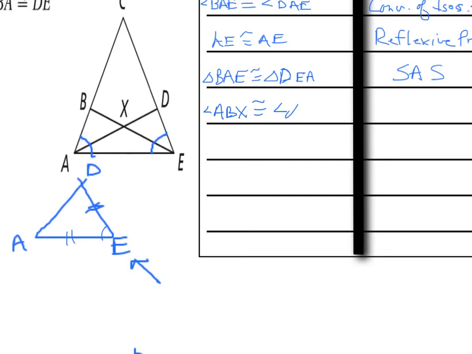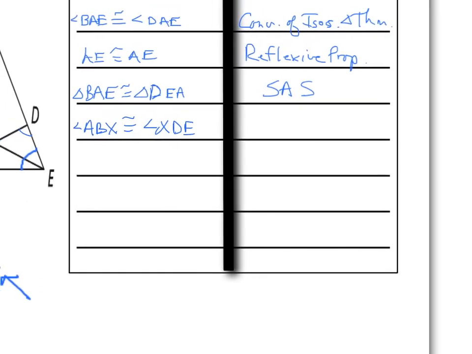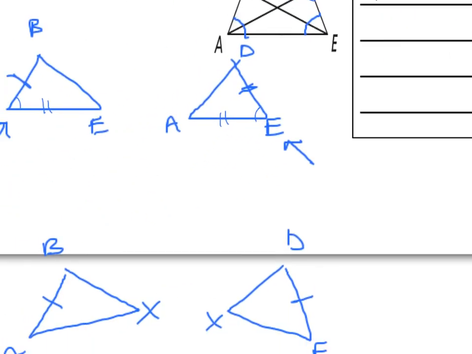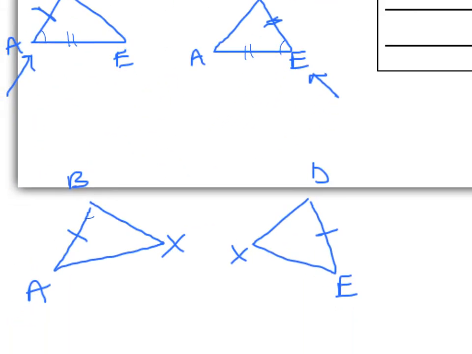Yep, XDE, which essentially is angle B and angle D, which is right here and right here. And I know that by CPCTC. So now, again, as I look here at my triangles, I can mark those down. I've got an angle and I've got a side.